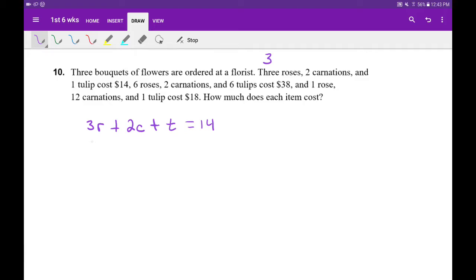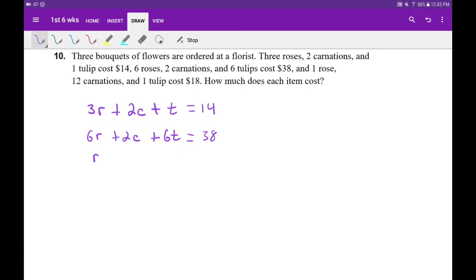Second sentence, we got 6 roses, plus 2 carnations again, plus 6 tulips equals $38, and then we have 1 rose, plus 12 carnations, plus 1 tulip equals $18. All right, so R, C, and T. We can either define variables or use variables that represent each type. I like doing it this way so I know what I'm working with and not having to define stuff.